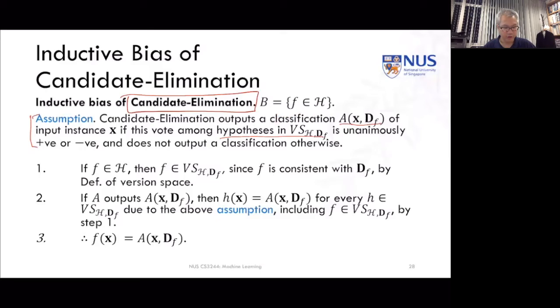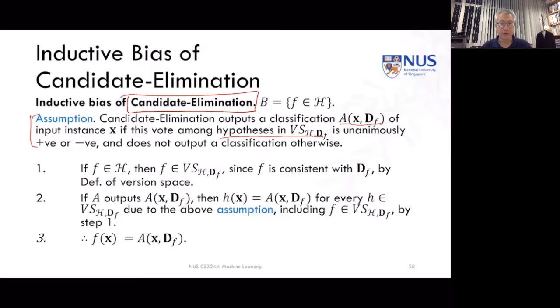So if this is the case, and we have testing instances 1 and 2 from that section, then we can say that if the target function is in the hypothesis space, then it's also going to be in our version space, right? Because our target concept is consistent with the data set that we have, because of the noise-free examples.